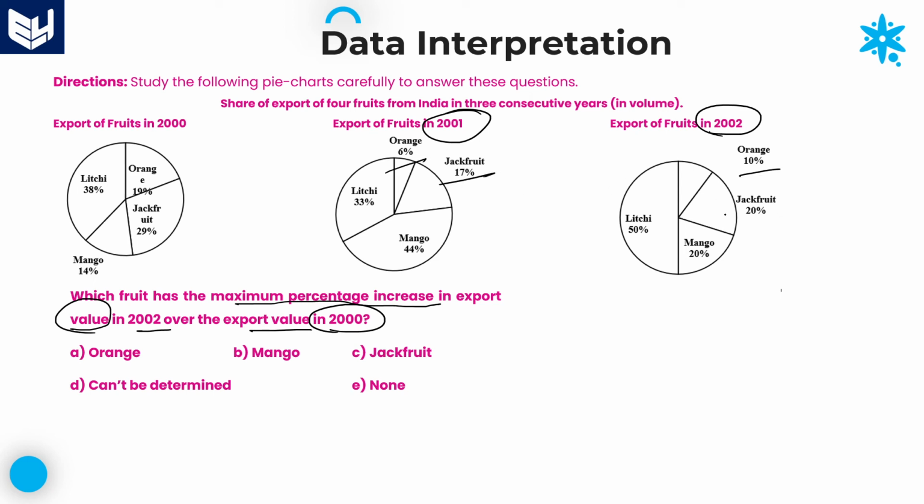This is 17, this is 20, this is 44, this is 20, this is 33 and this is 50, right? Whenever the question is related to value, you cannot say exactly. The answer is cannot be determined, because he is asking in terms of value, not in terms of percentage.